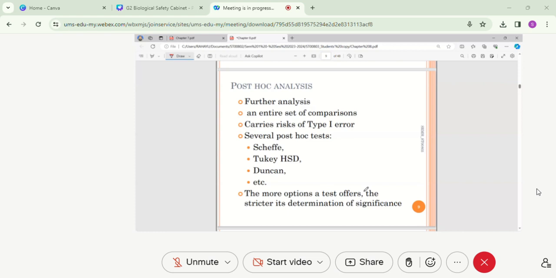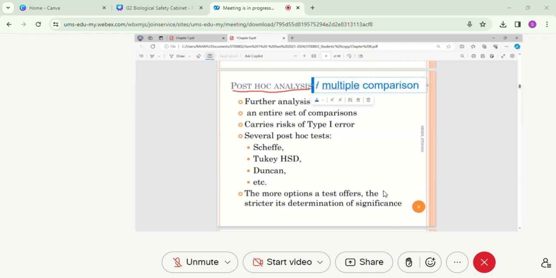So normally for ANOVA, we have a complementary or expanded test to identify the cause of the significant difference. The test is called post-hoc analysis, or sometimes it is called multiple comparison analysis.